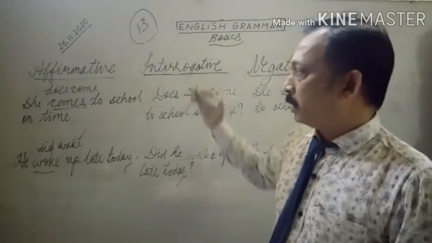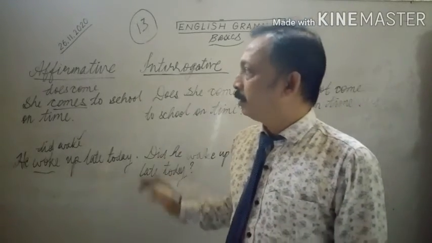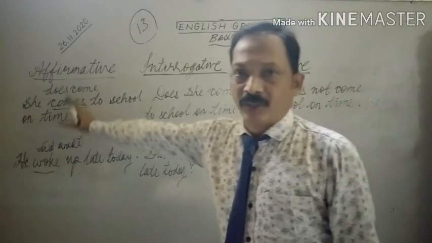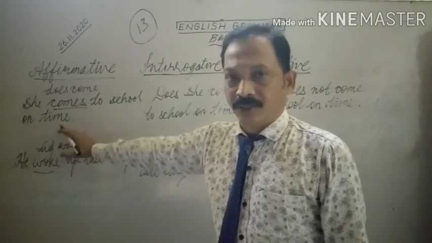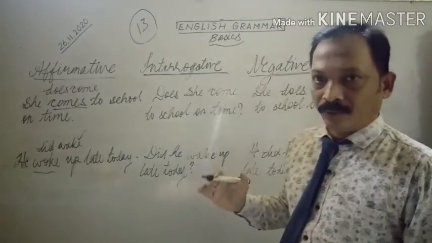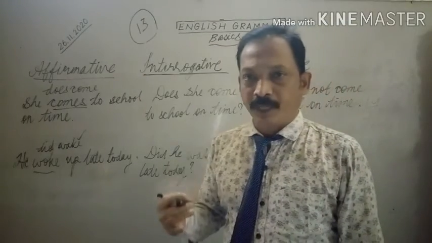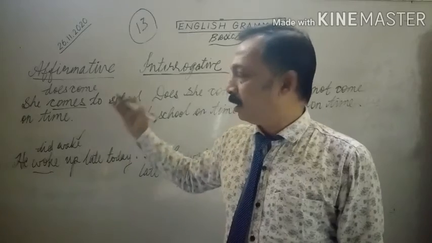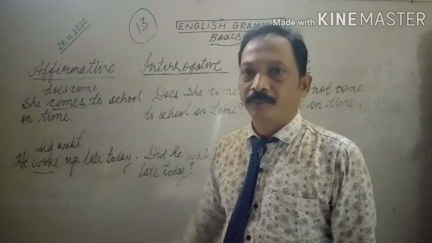Dear students, that's all for today. We have covered how to change an affirmative sentence, or a declarative sentence or a statement, they are all the same, into an interrogative or negative sentence, where the forms of be, am, is, was, were, or have, has, and had are the verbs.